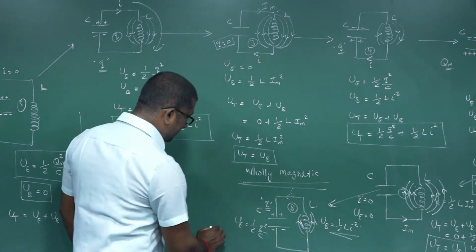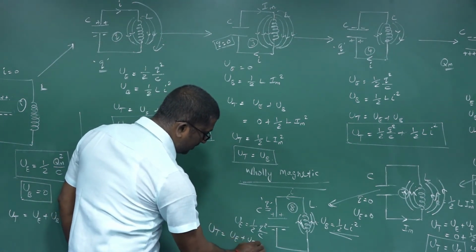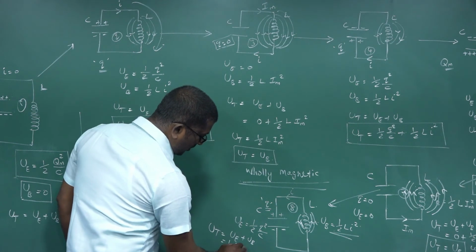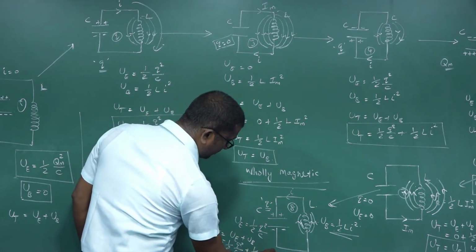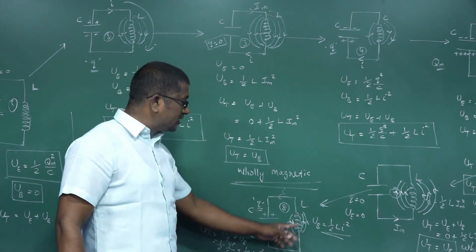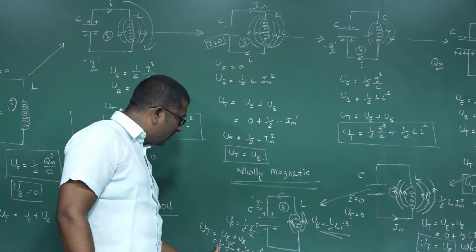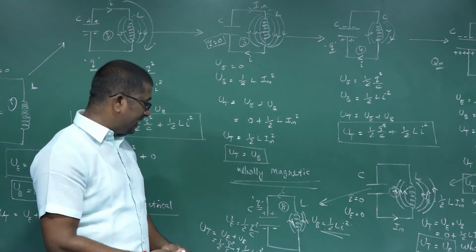Now the total energy is equal to UE plus UB, that is, Q square divided by 2C plus half L I square. So in this state, the total energy of the LC circuit is the sum of electrical energy and magnetic energy.